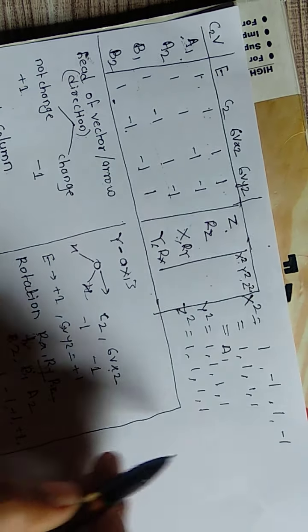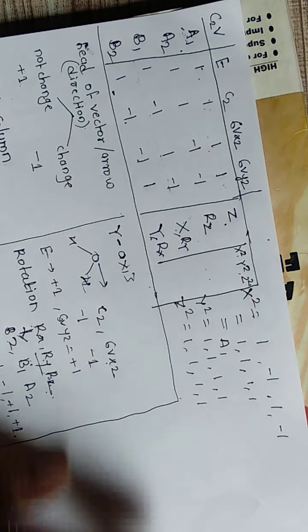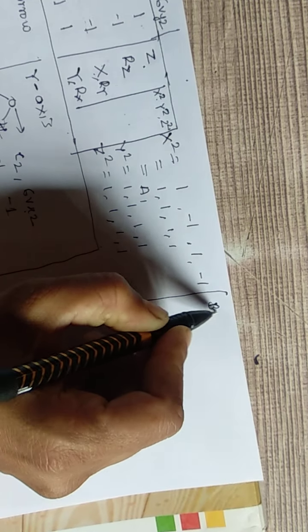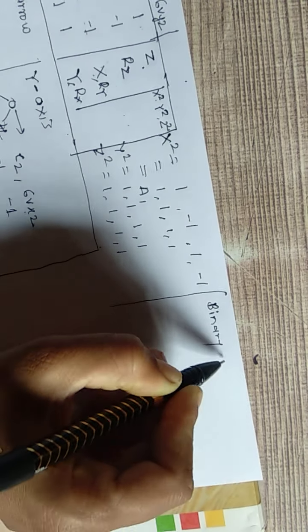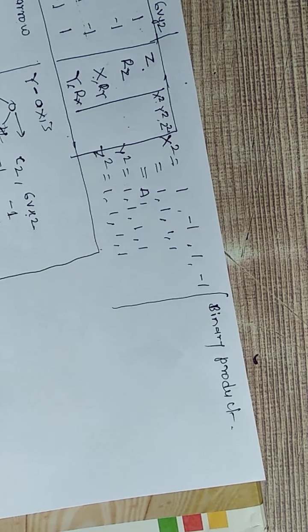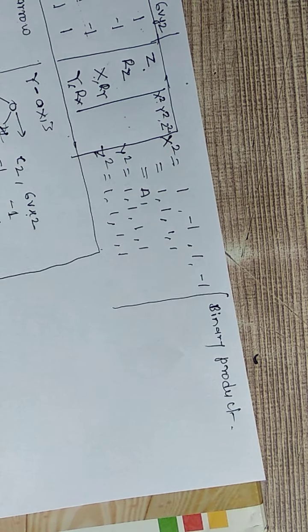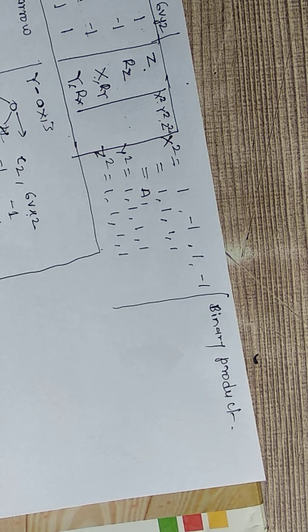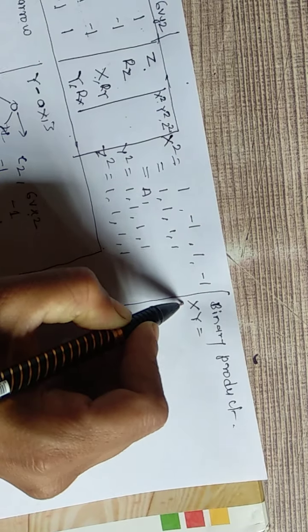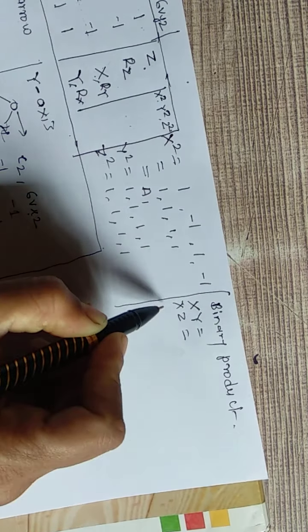Now we see the binary product. That is, the binary product means xy, xz and yz.